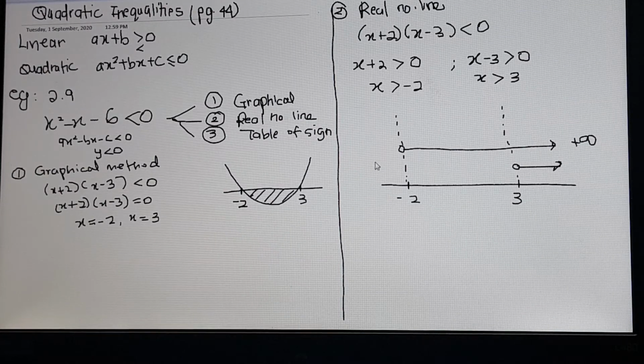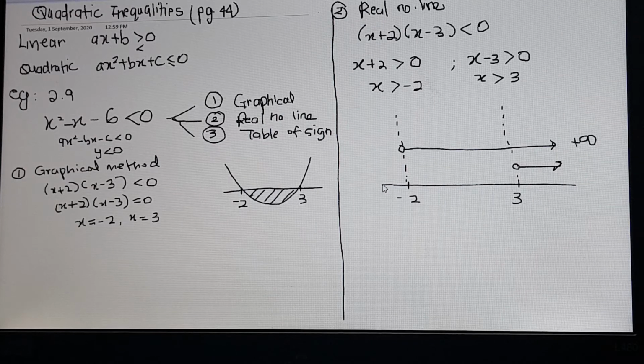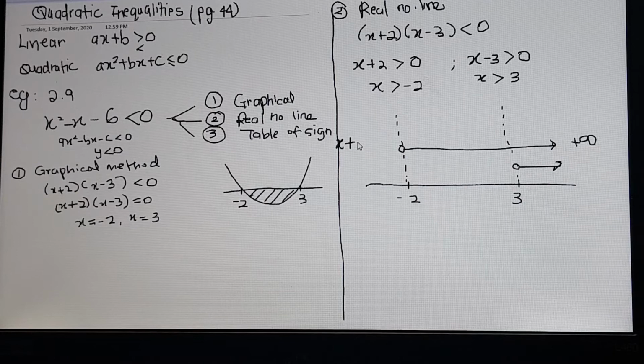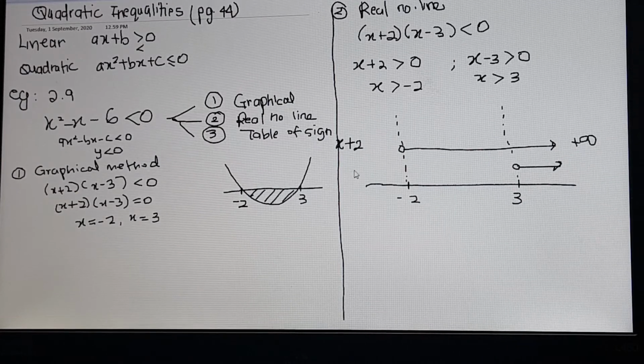Okay, let's look at the area below negative 2. Those are the two lines, for example, x plus 2, and the second line is x minus 3, right?